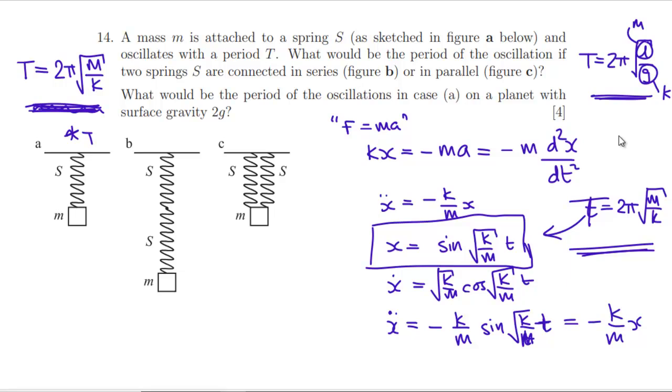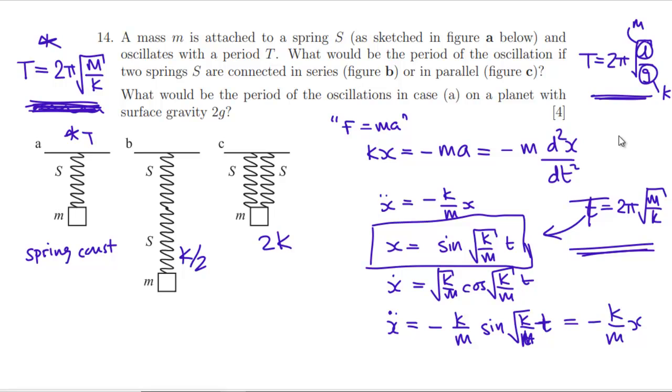So we've got this for our period here. Now, if we've got 2 in series, our spring constant is going to halve. So our new spring constant is going to be k over 2, because we're going to get twice the extension for the same force, and our k is force divided by extension. So if we've got the same force and twice the extension, we've halved the spring constant.